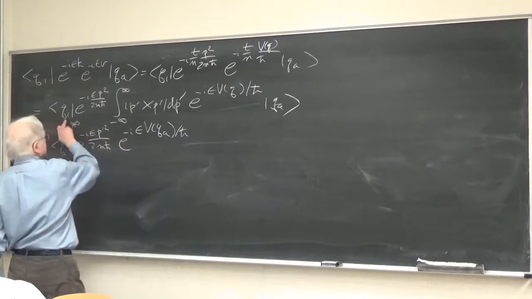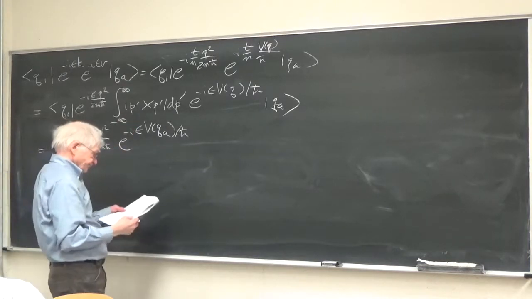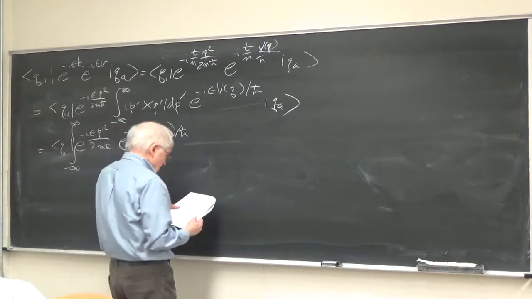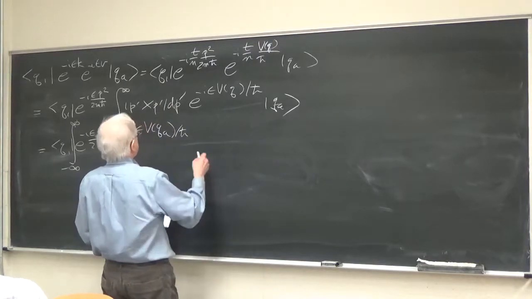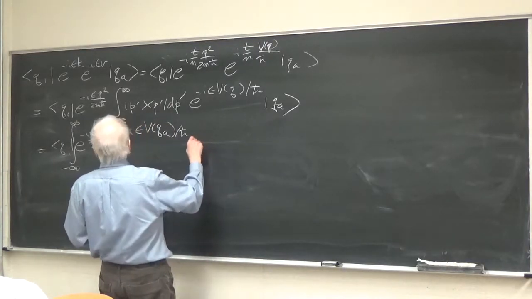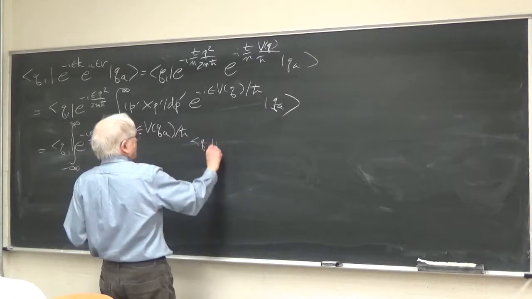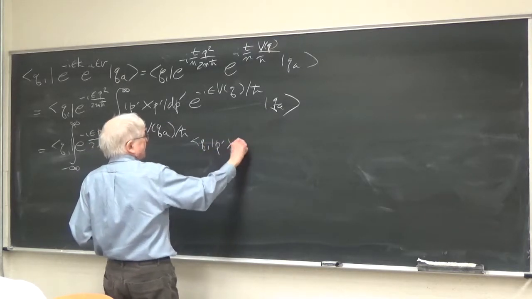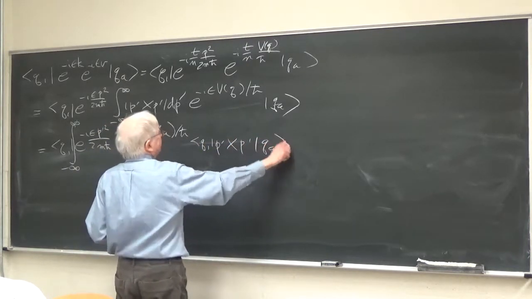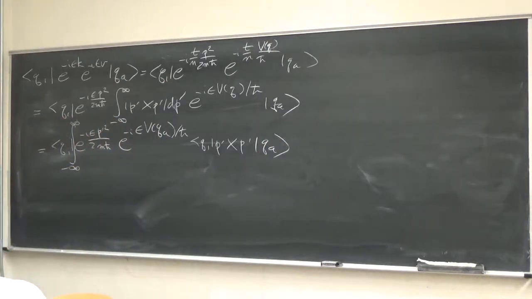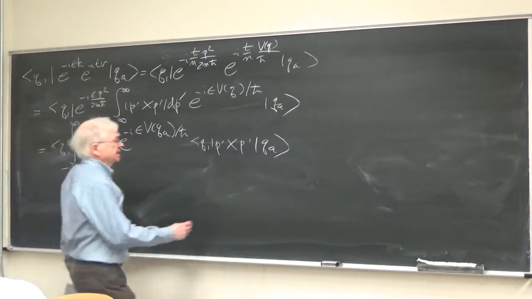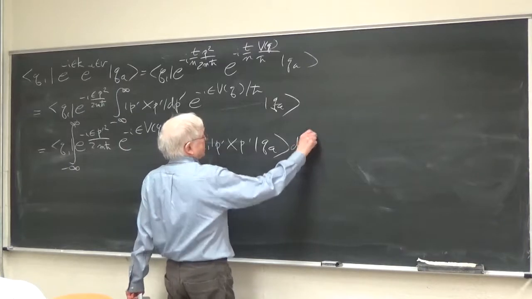And then we have two inner products. And those two inner products are q1 p prime and p prime qa, and we have a dp prime.